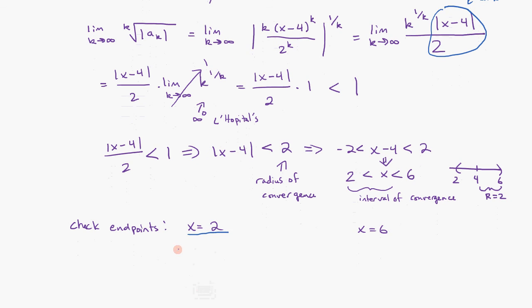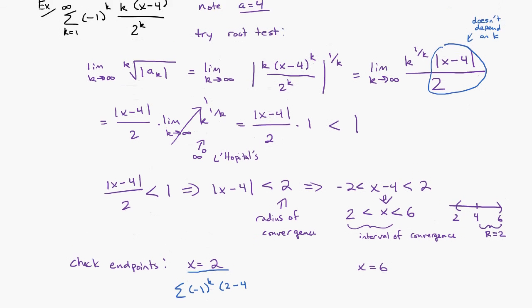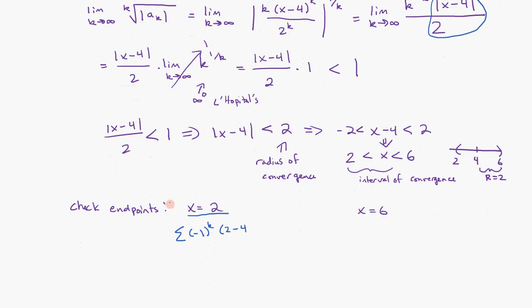So you get the series sum of (minus 1) to the k times k times (2 minus 4) to the k over 2 to the k.